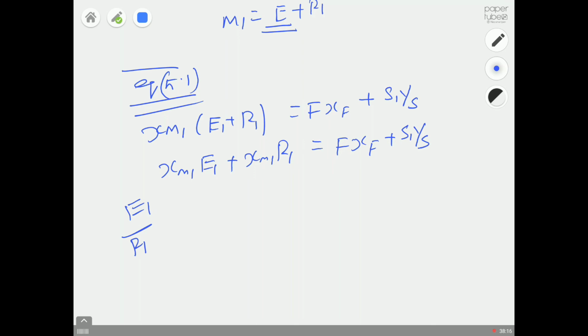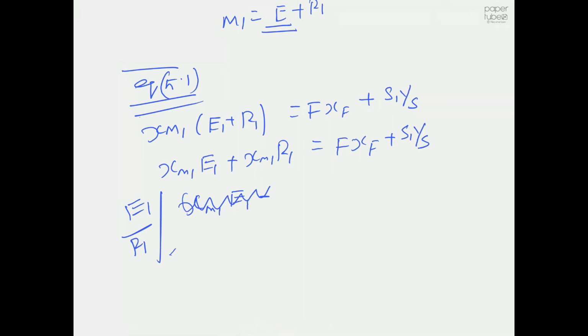Let's do this. Okay, solving this equation will give the ratio of E1 to R1. So how to expand this equation? So it's already expanded. Put x sum 1 E1 minus, you have already R1 here.